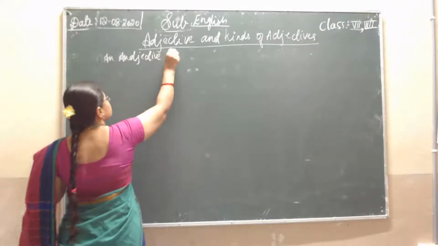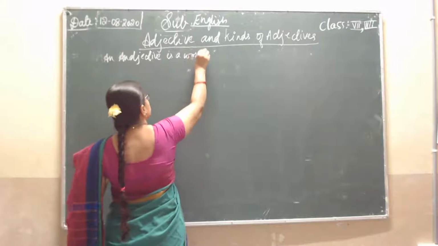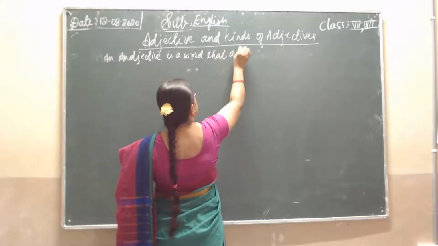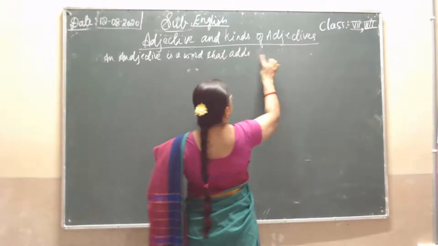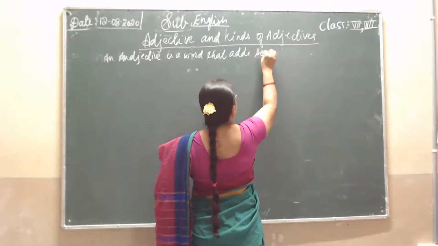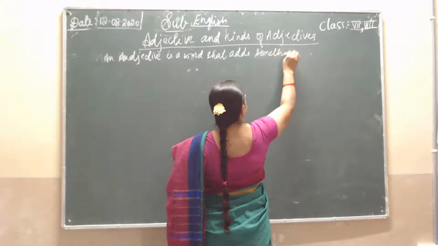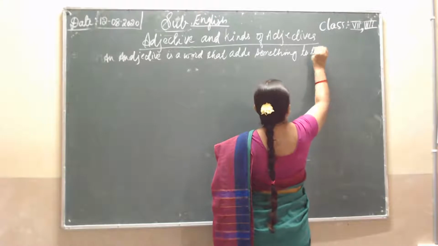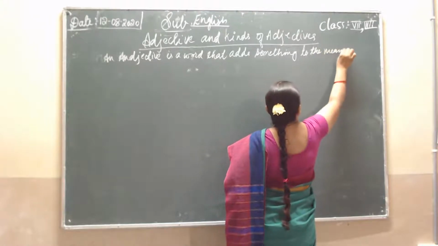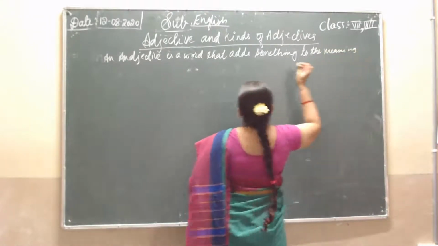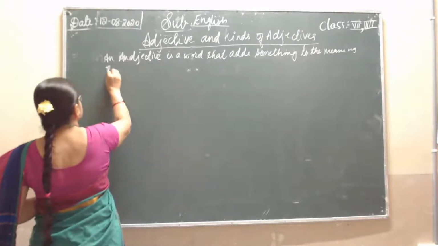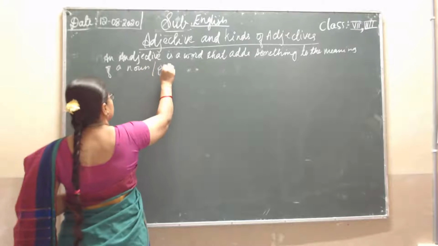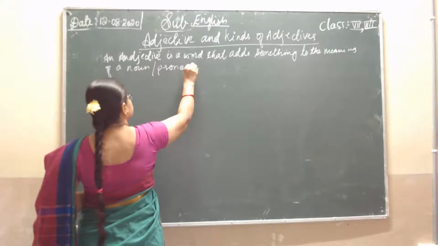An adjective is a word that adds something to the meaning of a noun or pronoun or both.